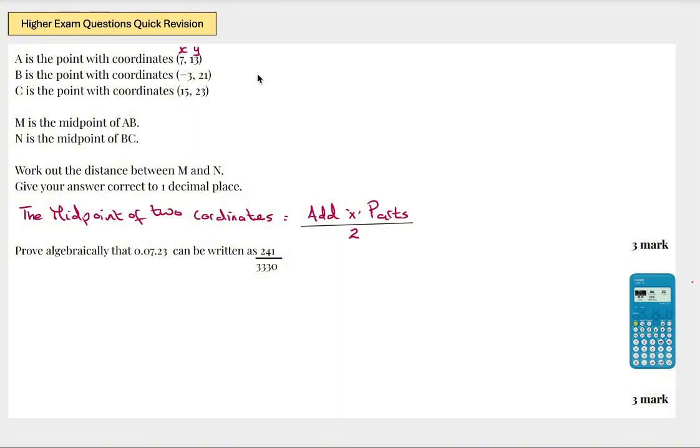And to do that, we do this. The midpoint of two coordinates equals add whatever they are, the parts, divided by 2. So for example, this is our A to B, agreed? So we have M equals 7 plus minus 3.